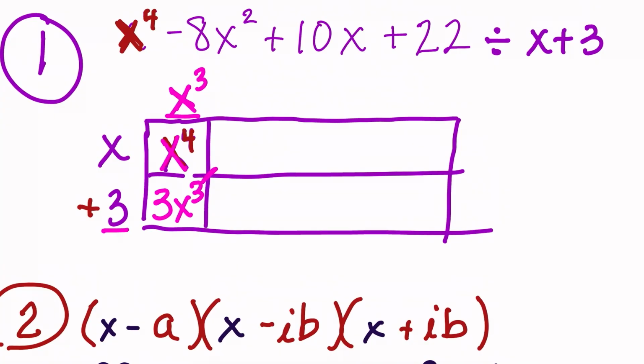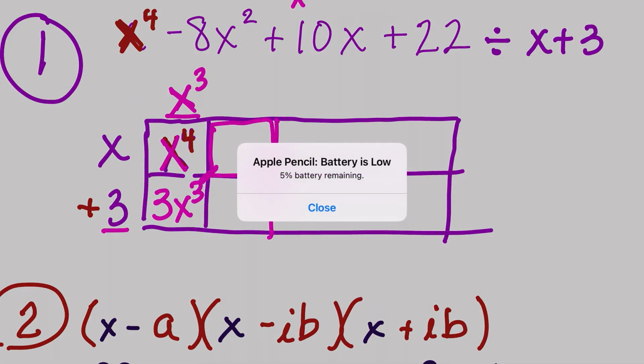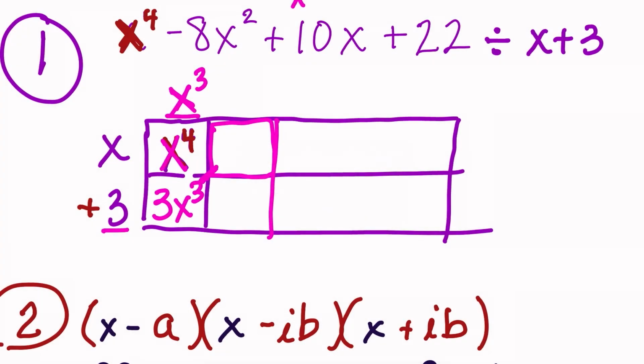And then the next part is we ask, what do these two have to add up to? Those two have to add up to the term with the x cubed up here, and that's what you would put in this box right here. However, this particular problem has an issue because there are no x cubes. That means there are 0 x cubes.